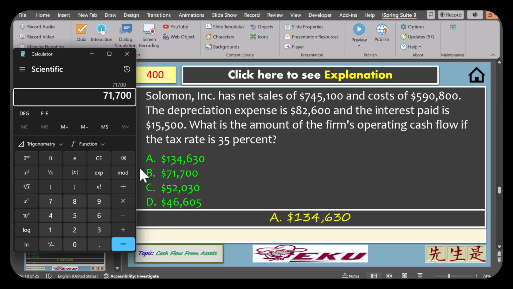Minus the interest expense, 15,500. That's my EBT, earnings before taxes. Times 1 minus the tax rate, 0.65. That's my net income. Plus depreciation, plus interest expense.